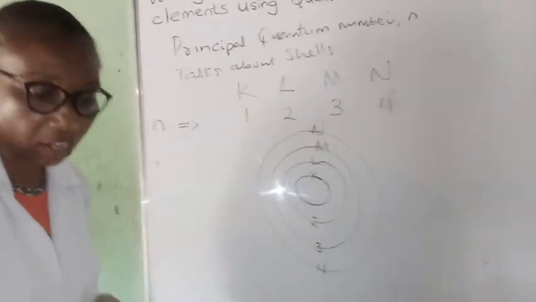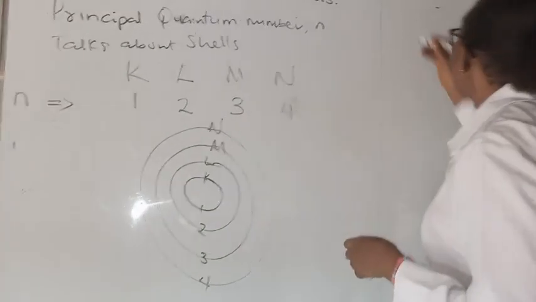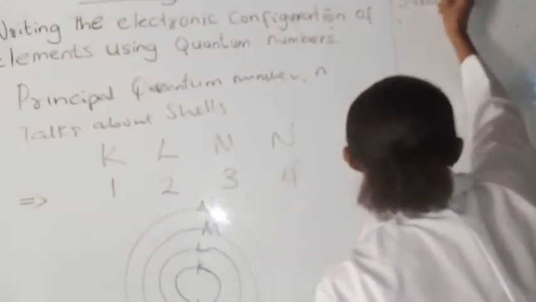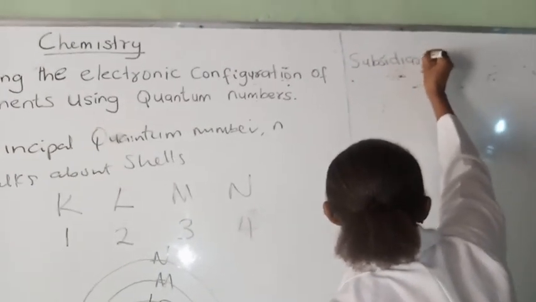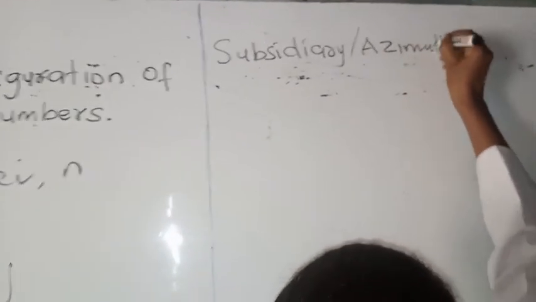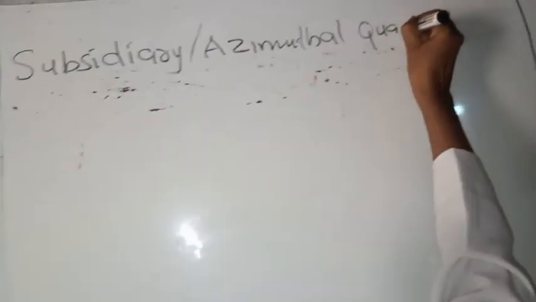That's what I've just represented on the board. Now let's go to the second quantum number, which we call the subsidiary or azimuthal quantum number.